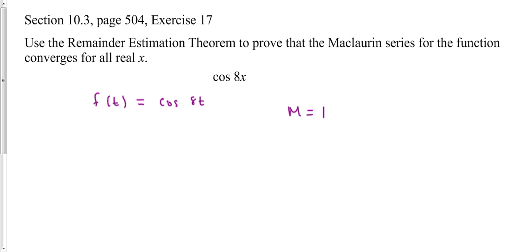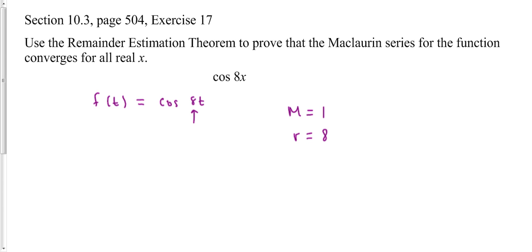And when I take the absolute value of a sine function or a cosine function, I have to get something that's less than or equal to 1. But this time, my t is multiplied by an 8. So when I use the chain rule, every time I take the derivative of that trig function, I'm going to pick up a factor of 8.